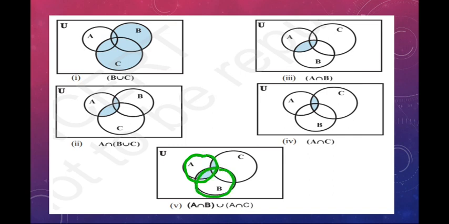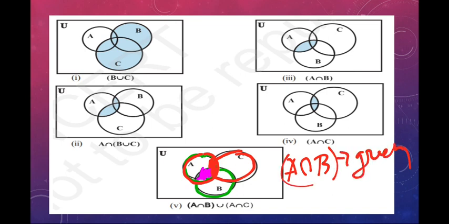The common part between them is this section, the pink one. Again, this is A and this one is C. The common part between them will be this orange portion, right? Now A intersection B is the green one, and A intersection C is the orange one.